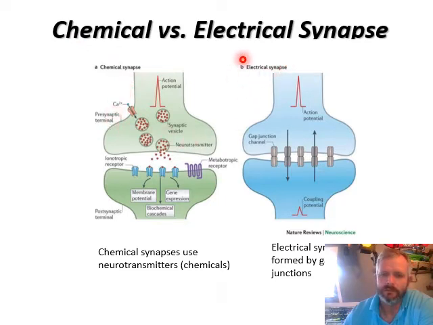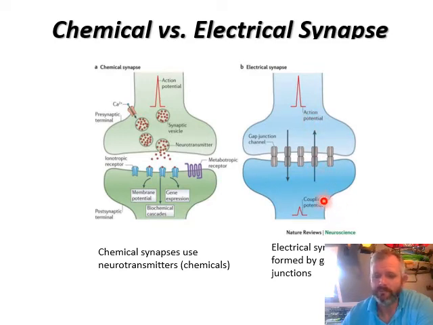Let's first take a look at the electrical synapse. And you see in the electrical synapse, here's one cell coming in. There's a synapse. In the synapse, there's actually a physical connection. These two cells are tethered together by these connexin proteins. These connexin proteins make up what we call gap junctions. And the gap junctions are essentially little tunnels between the cytoplasms of these two cells.